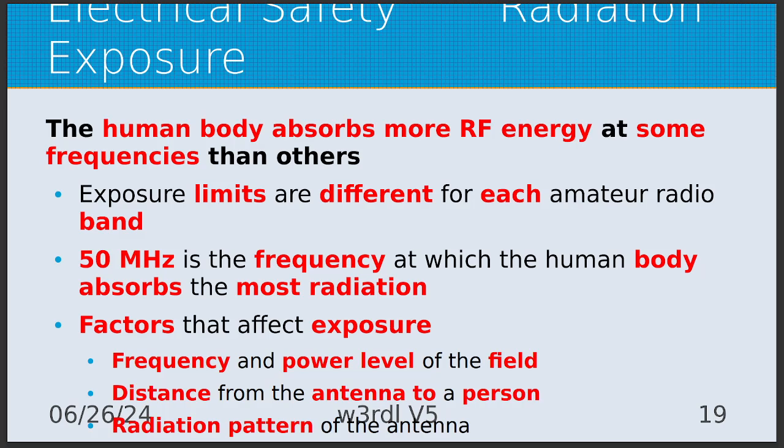Factors that affect exposure: frequency and power level of the field, distance from the antenna to a person, and radiation pattern of the antenna. Remember, we talked about the antennas, and I had the Yagi antenna here. Most of the power is going forward on that one when you transmit. So that will have an effect on it as well.